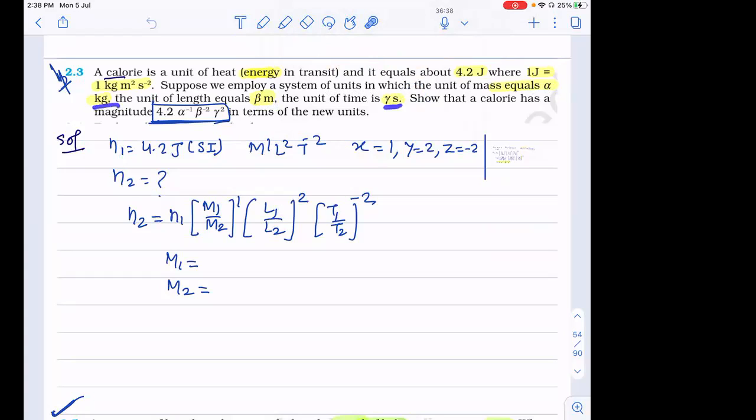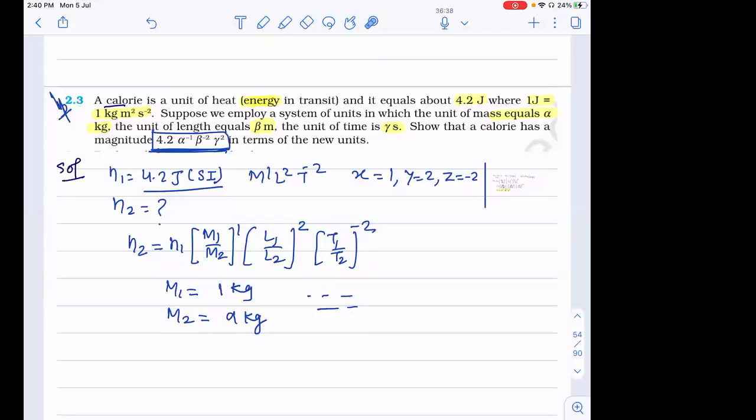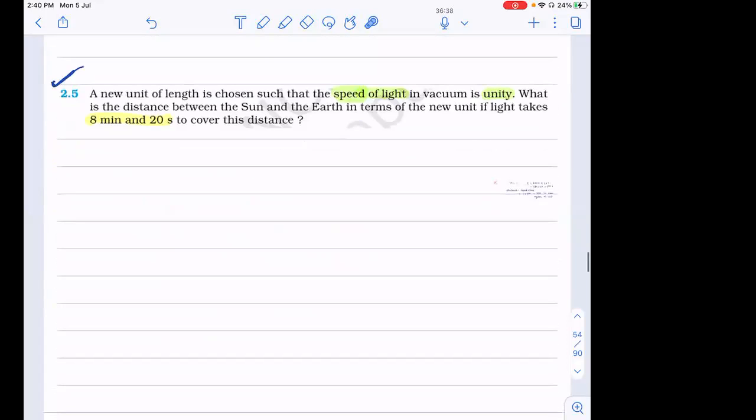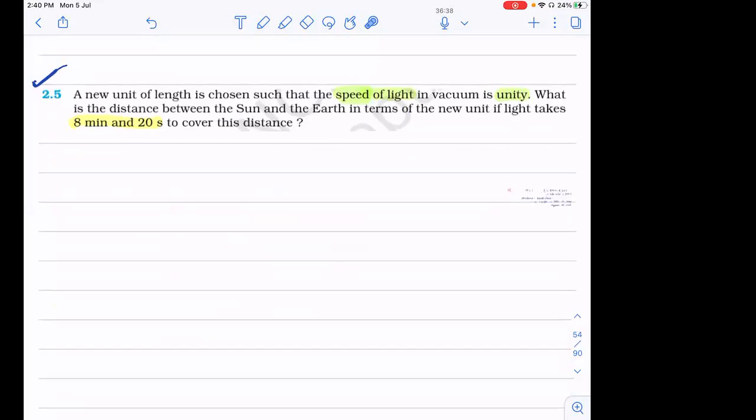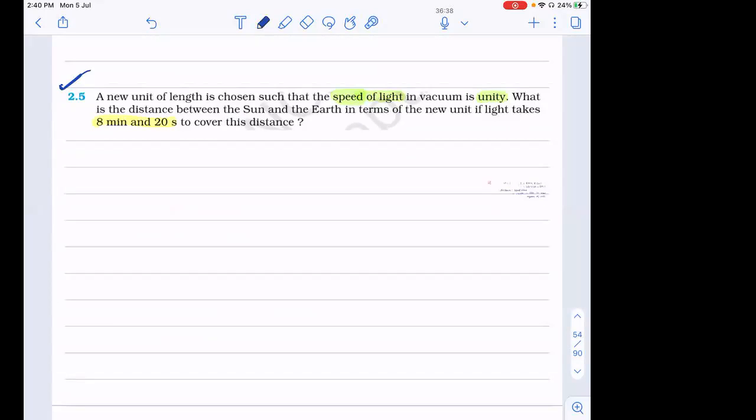Again, is there any problem? One of the applications you completed. Right? And what about this question? This is in homework, question number 5.